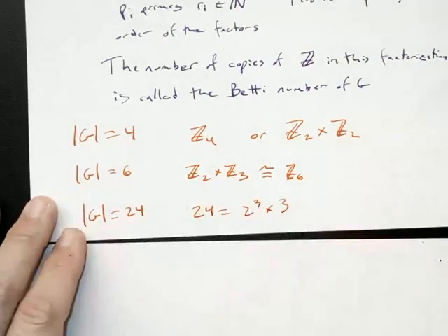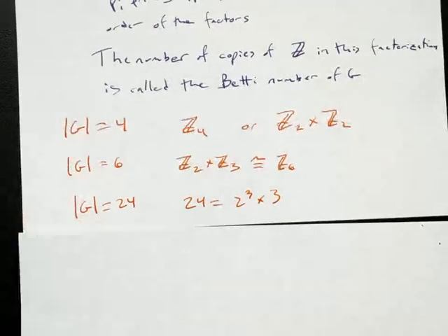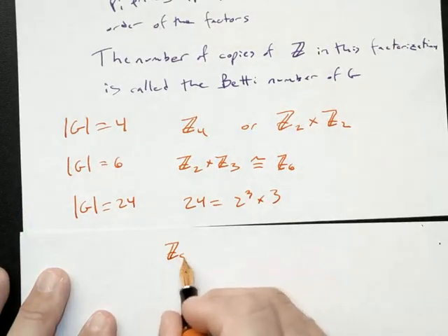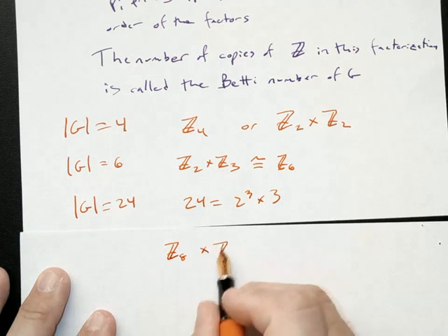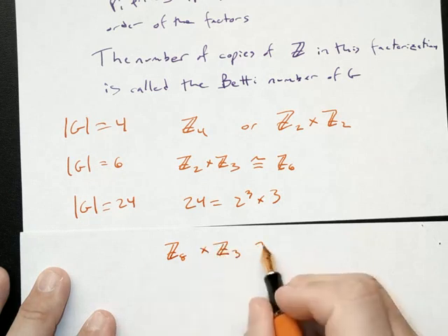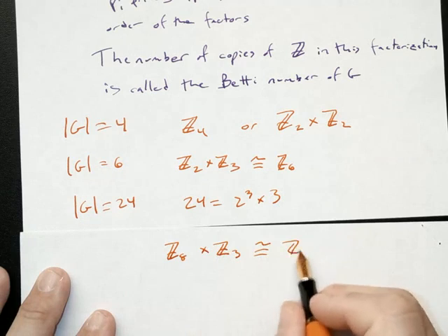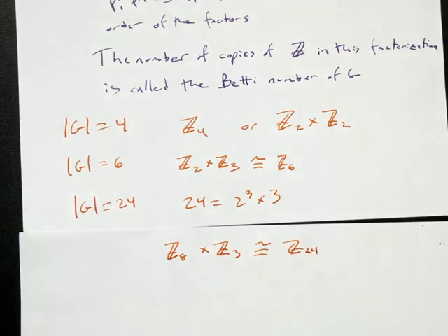So the first option is to split it up just like that. Z8 by Z3. And that would be isomorphic to Z24 because 8 and 3 are relatively prime. But I could subdivide that Z8, couldn't I? And I could do that in 2 more ways. I could either do it as a 2 and a 4, or I could do it as 3 2s.